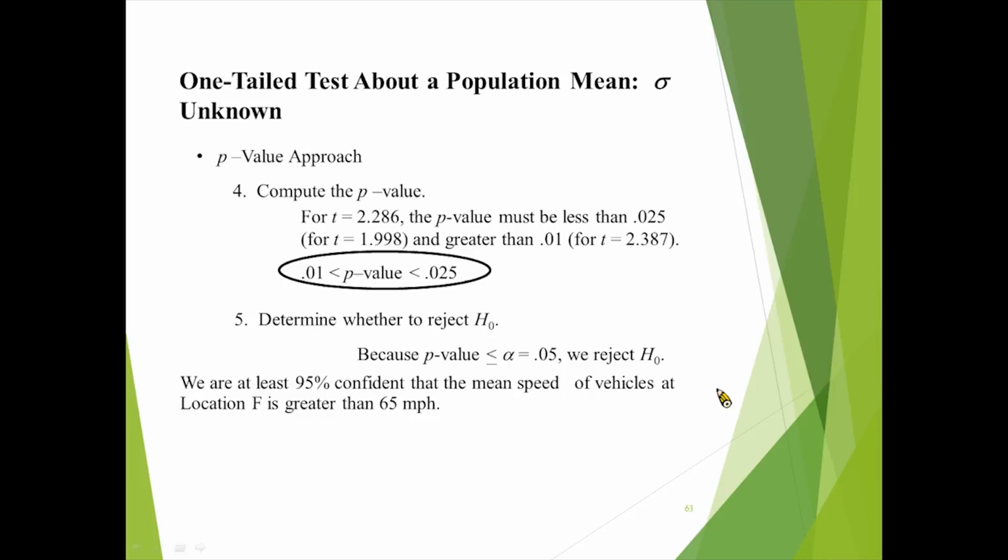Okay, so we check the table. We can see 2.26. The p-value is between 0.01 and 0.025. Okay, so the result is we reject H0.